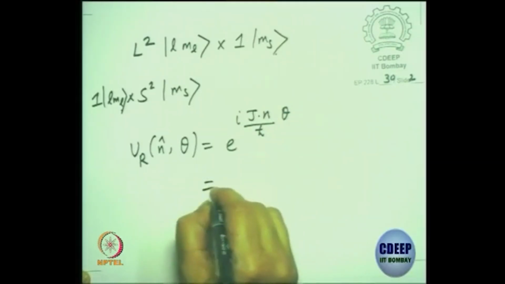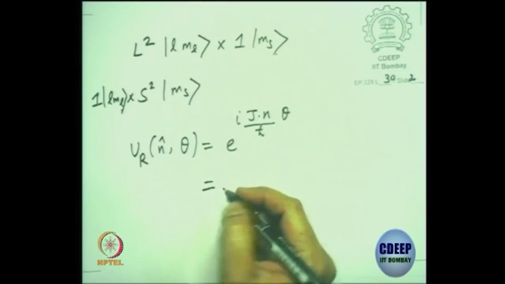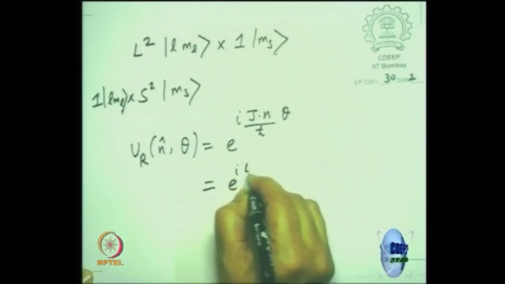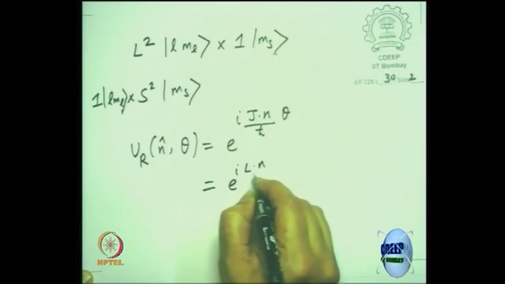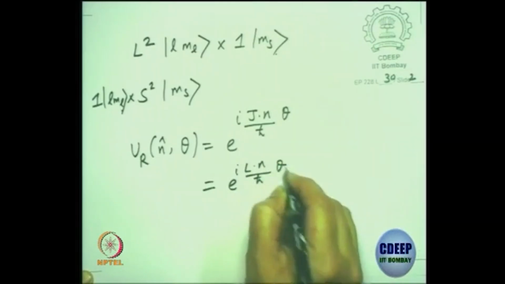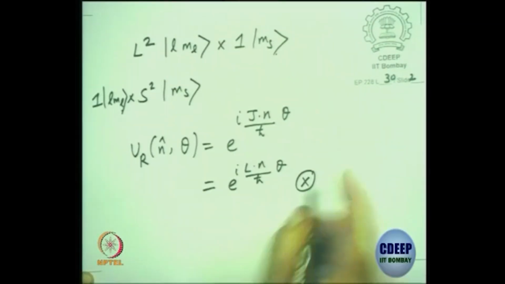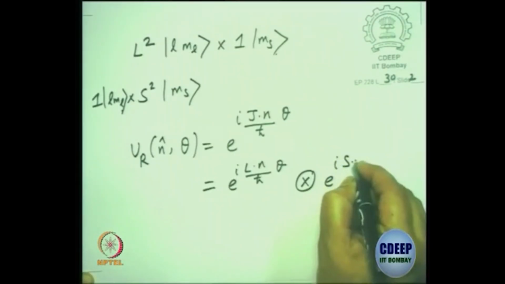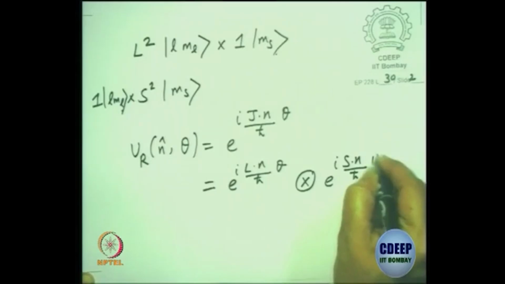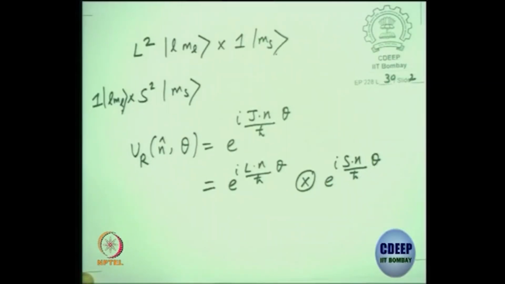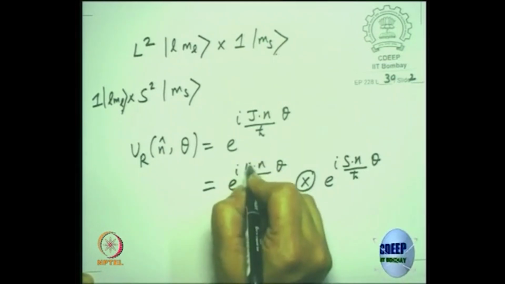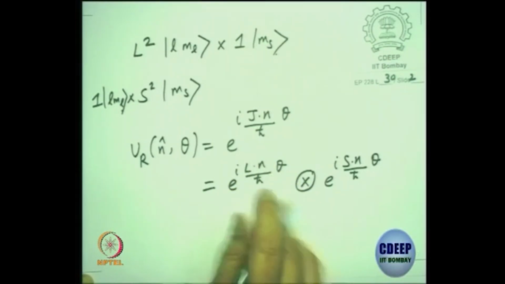I could write this in the direct product space as e to the i L dot n by h cross theta, direct product e to the i S dot n by h cross theta. Is that correct? So this operator will operate on LML.